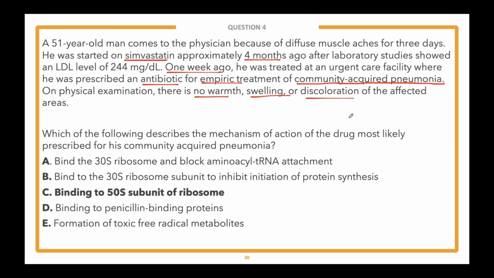So now let's go through the incorrect responses. Answer choice E, we saw that one in the last question. This one describes metronidazole, formation of toxic free radical metabolites. Remember, the side effects are more like a disulfiram-like reaction with alcohol, sometimes a headache, and a weird metallic taste.